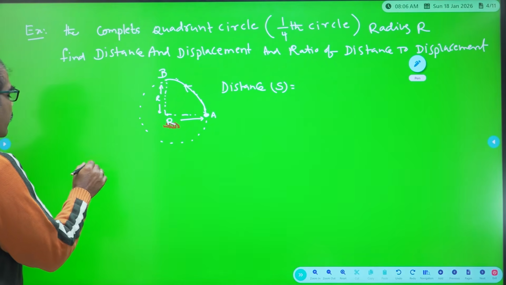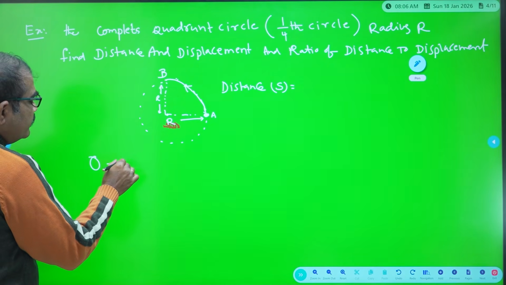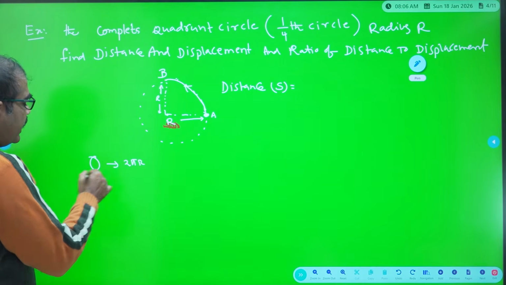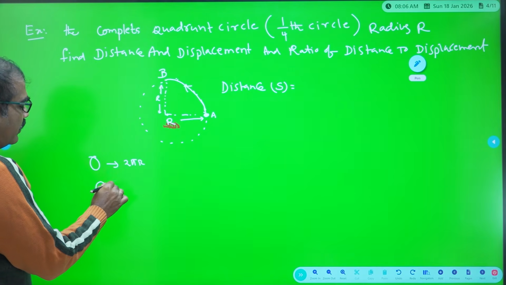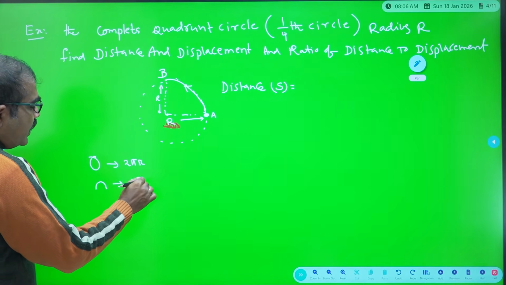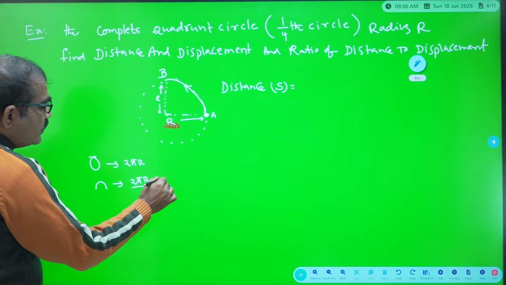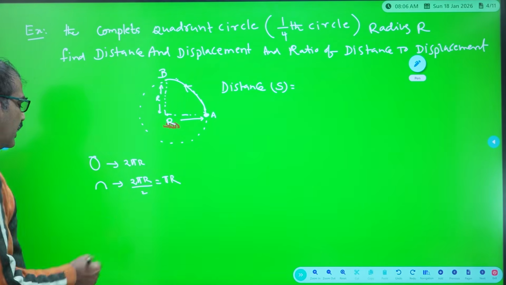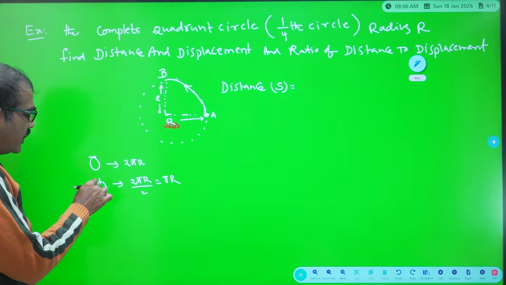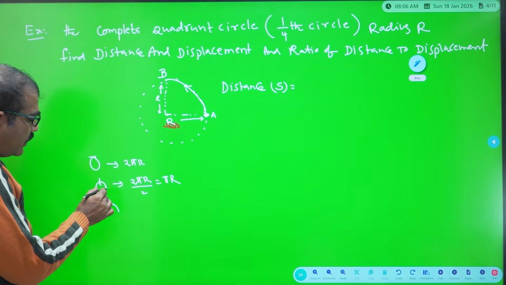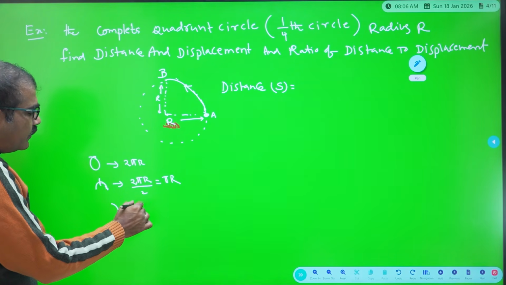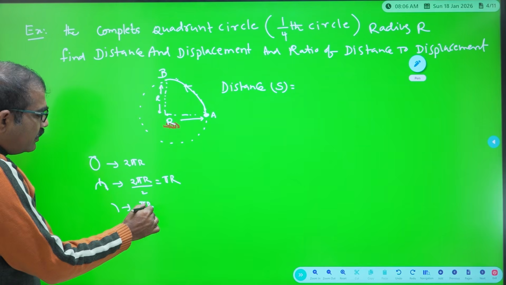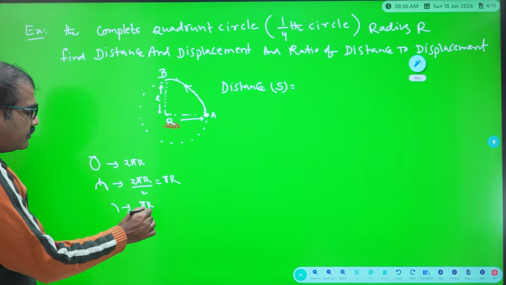Taking the full circle, you get 2 pi r. Taking the semicircle means 2 pi r by 2, that is equal to pi r. Taking half again, it is pi r by 2.